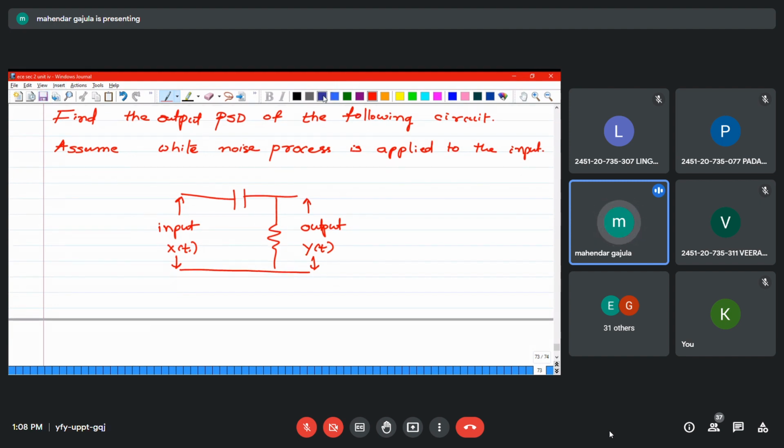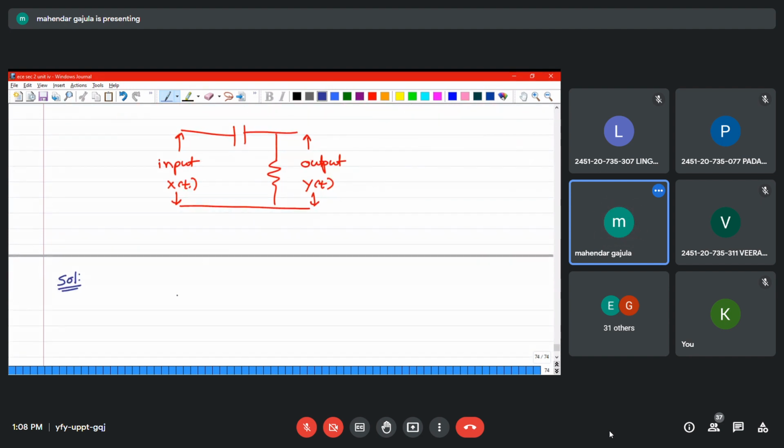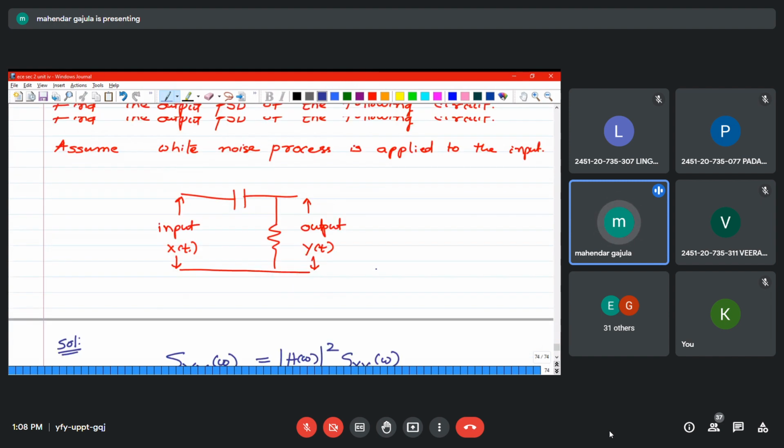So what we have to find in this circuit is the output power spectral density. What is the relationship between input and output power spectral densities? S_yy(omega) equals magnitude square of H(omega) times S_xx(omega).